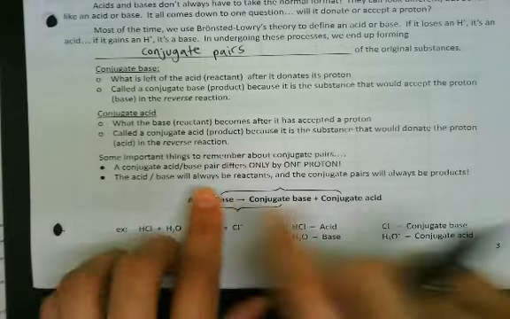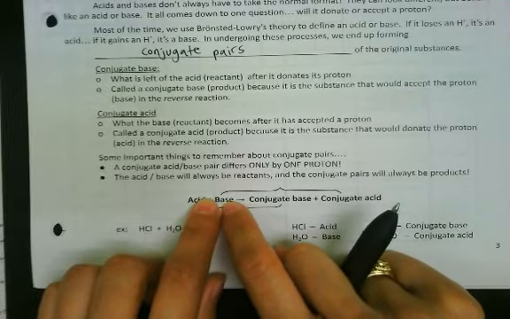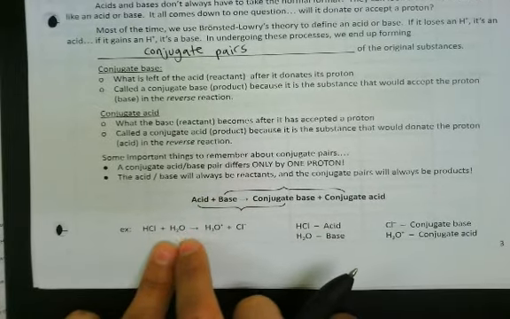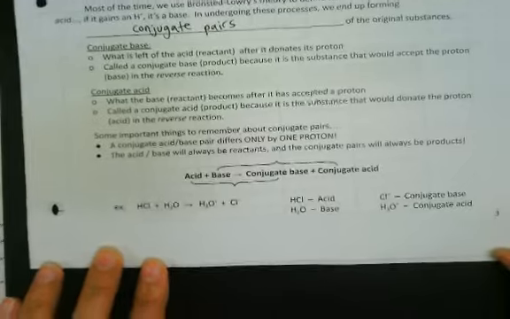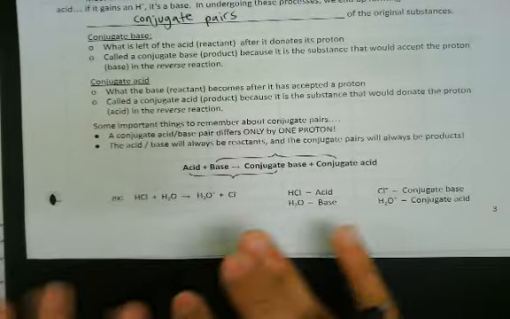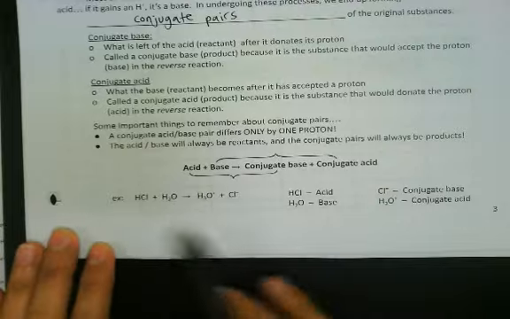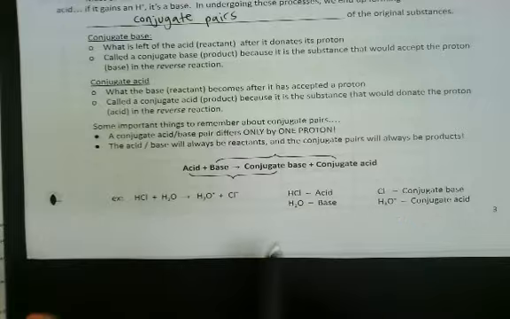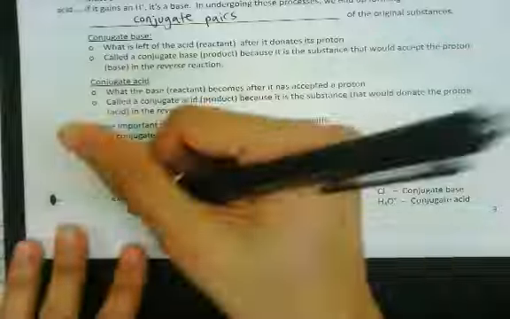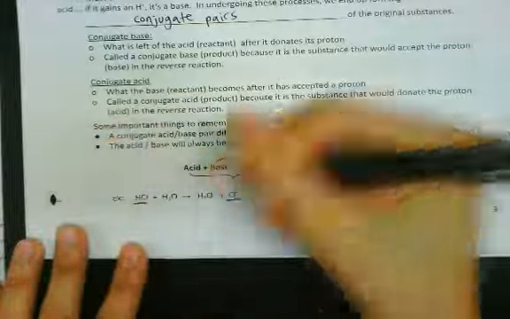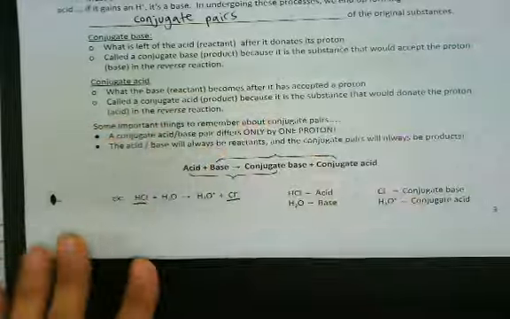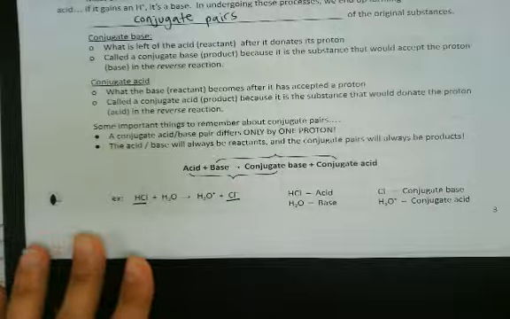Okay? So if we look at this example down here, I want to show you what is going on. I like to use this method to identify acids, bases, as well as their conjugate pairs in an example or a problem. What I like to do is look at the pairs on each side.